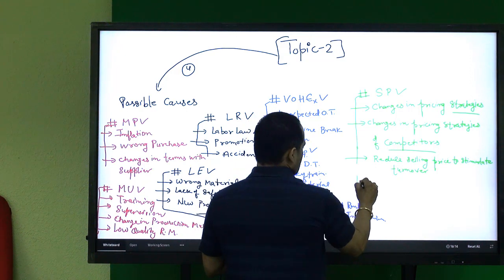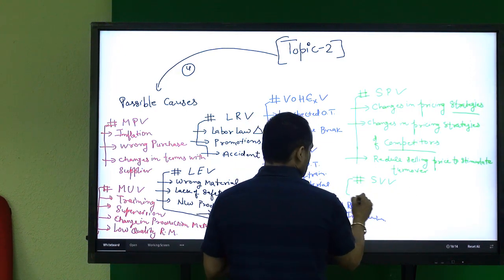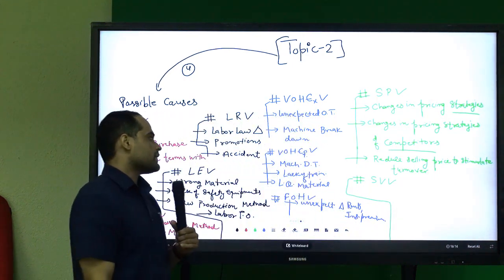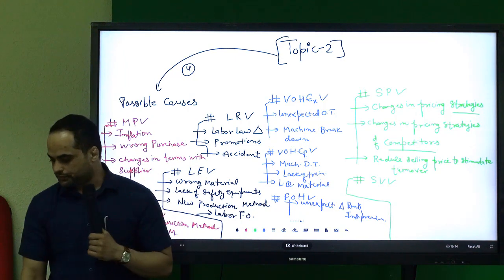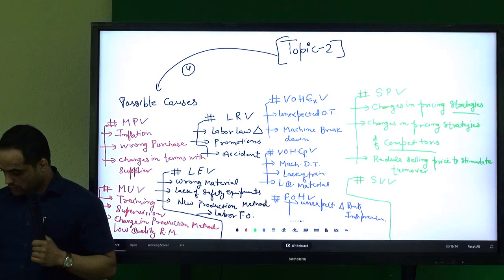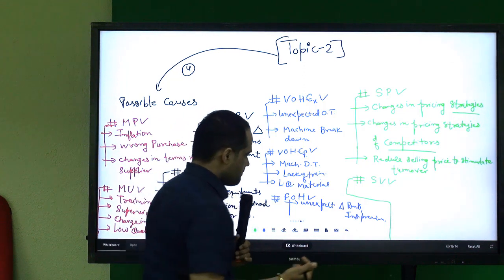Now move on to the sales volume variance. Right. Sales volume variance, first thing could be a change in demand.